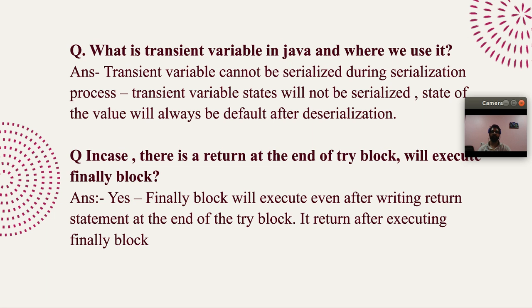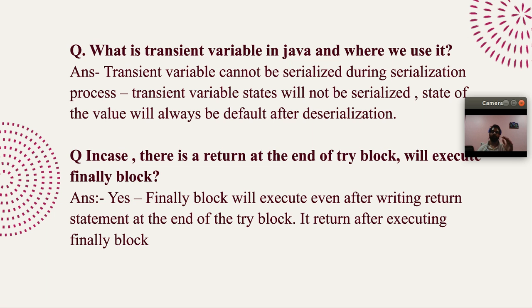If you want to prevent your member variable from getting serialized, then you can use a transient variable, and it is used inside your serialization. So also you can get a question: what is serialization? Basically, serialization is a process by which we are saving the state of an object to transfer your object over a network or to a certain server, right?